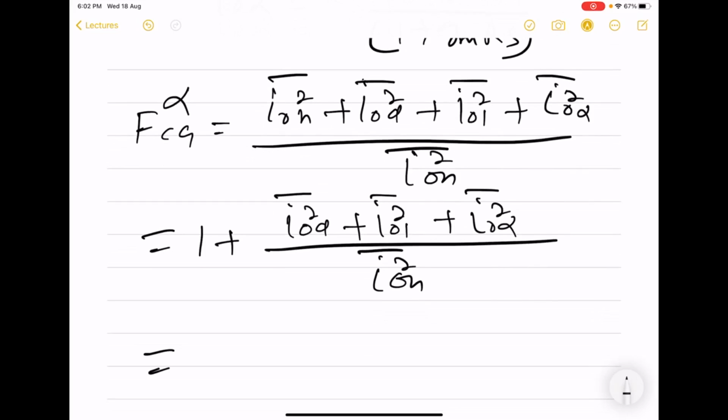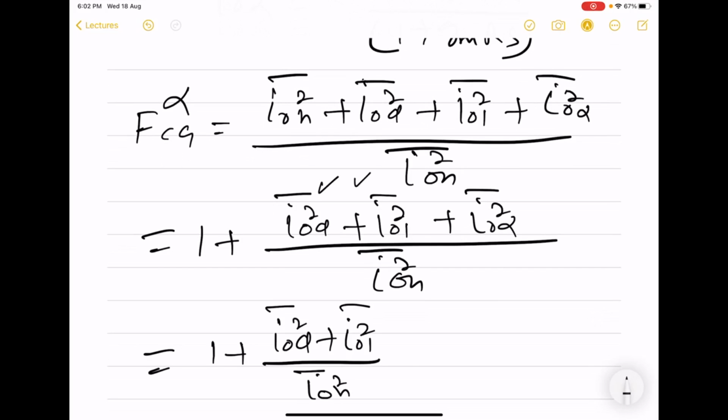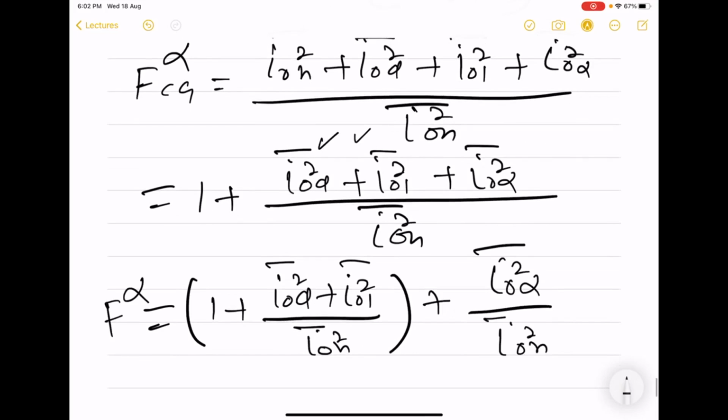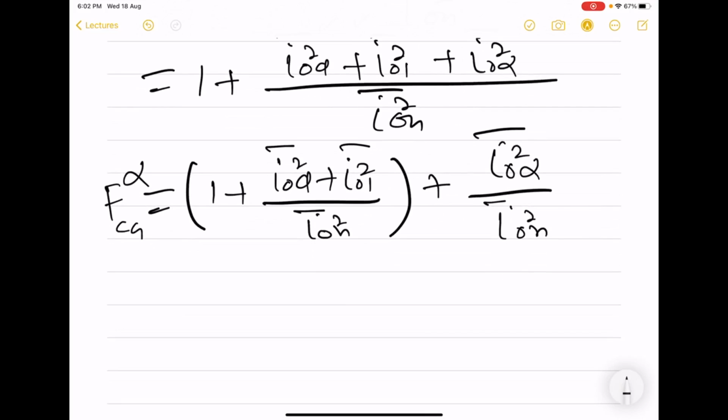So out of this, you can see that the first two terms here and here were present in the older version. So we have this thing, plus we have now this additional factor. So this is clearly more noisy. So this is F alpha CG is equal to FCG. This we have already derived.